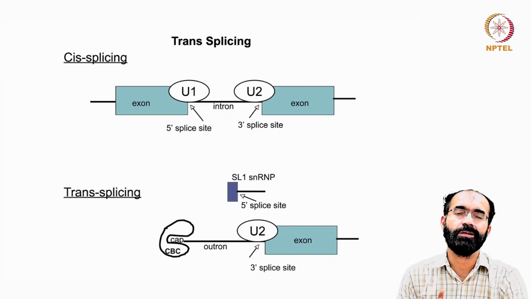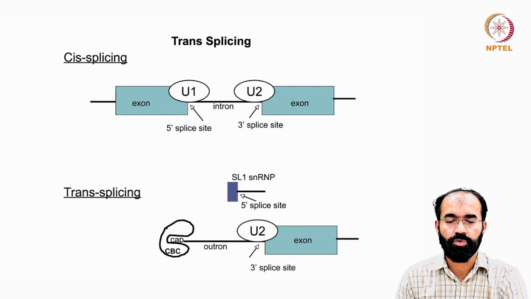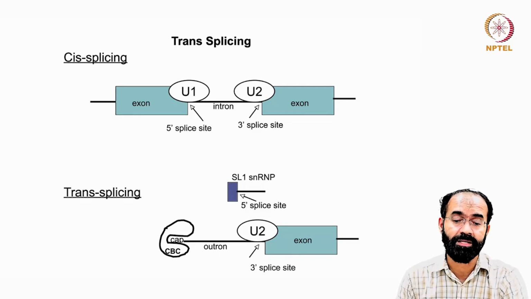So far we saw group 1, group 2 and pre-mRNA splicing, and everything is cis, because you are doing it within yourself. Even if some external factors come in, the RNA part is the same. But in trans, the RNA part comes from elsewhere. In the normal case we know U1 and U2, 5' splice site, 3' splice site, everything is happening perfectly fine.